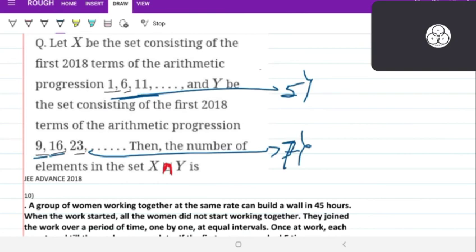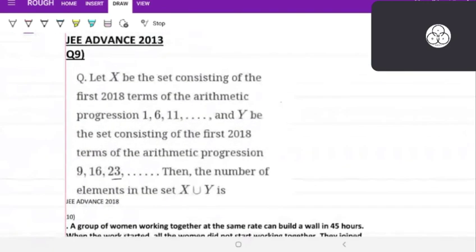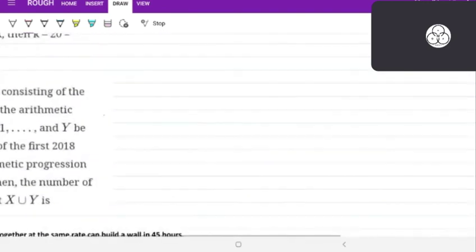Since 5 and 7 are co-prime, the common difference of the arithmetic progression that we get in X intersection Y will be 35. So now what will be the first common term? That is a task, and the easiest way: up to 11 it's not matching, right?